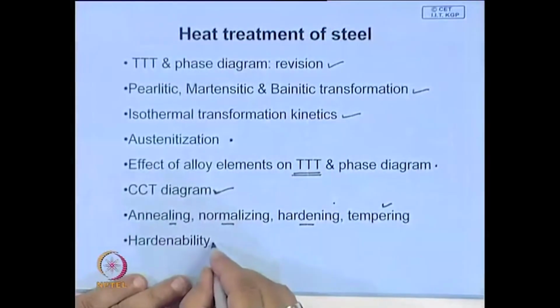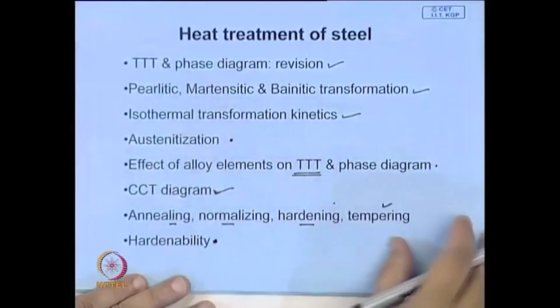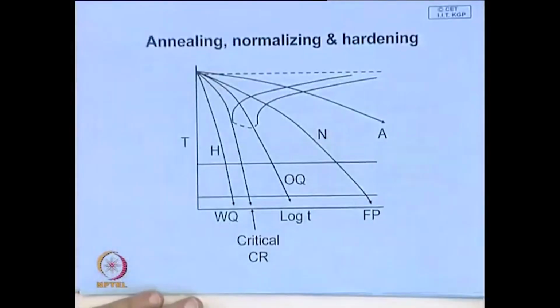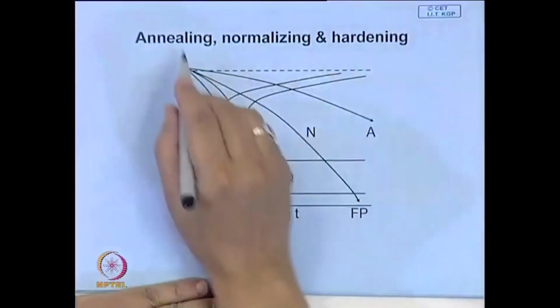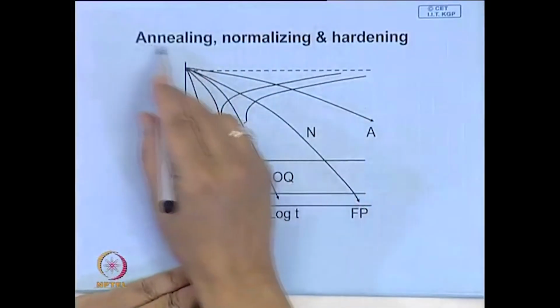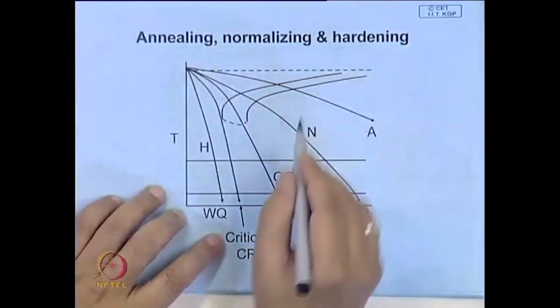And the topic which is still left is hardenability. So, today we will concentrate primarily on this, and a few points before we begin. If you look back, there are three common heat treatment procedures: annealing, normalizing and hardening.